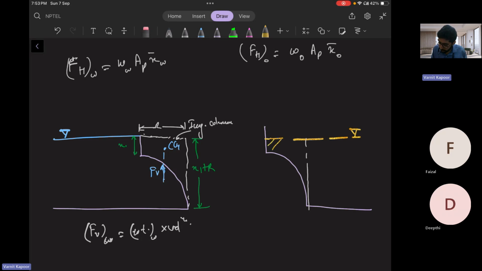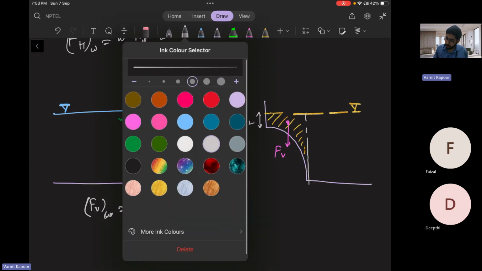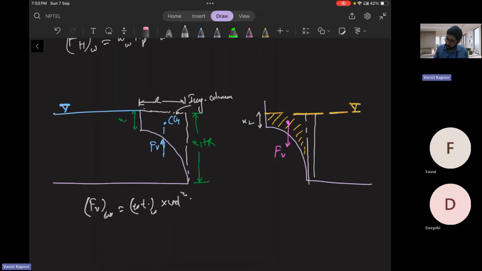So this will be this much oil and the vertical force will be Fv. Okay. Fv of the oil. So this was x2. So this distance will be how much? This is r plus x2. Okay, r plus x2.